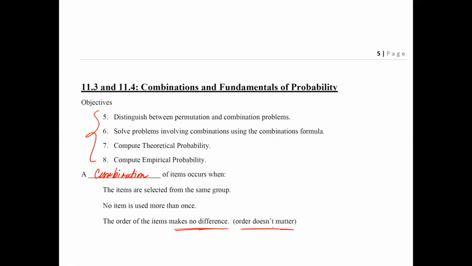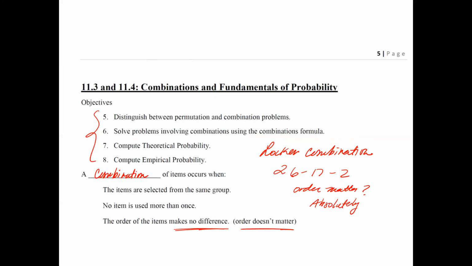So what are some examples? The way I kind of remember this with combination is like a locker combination, where the order does not matter. Well, for example, if you have a locker combination, if you have 26, 17, and 2, does the order matter? Absolutely. Because if I dial the locker as 17, 26, and 2, would that work?